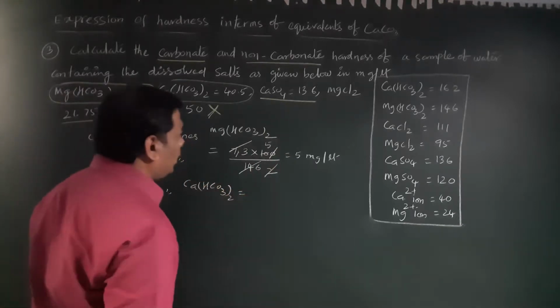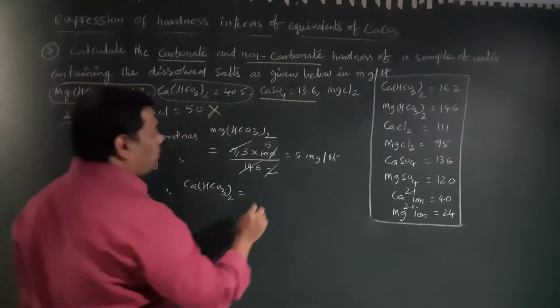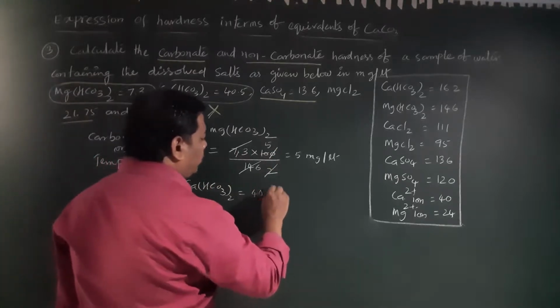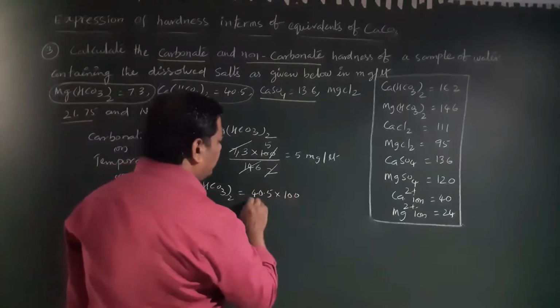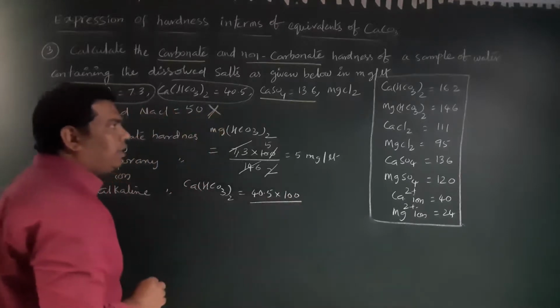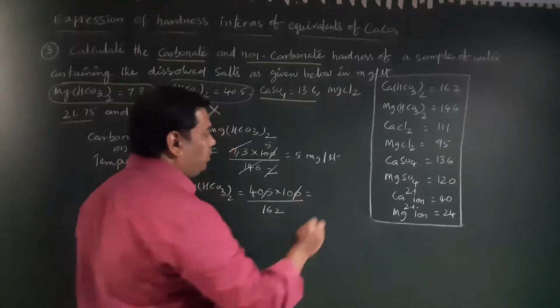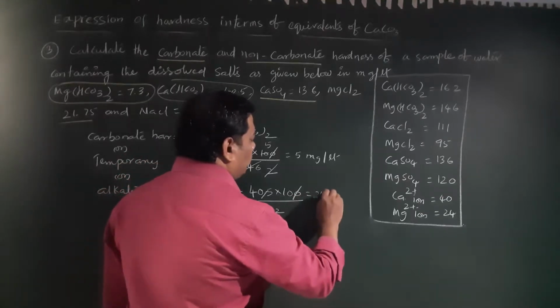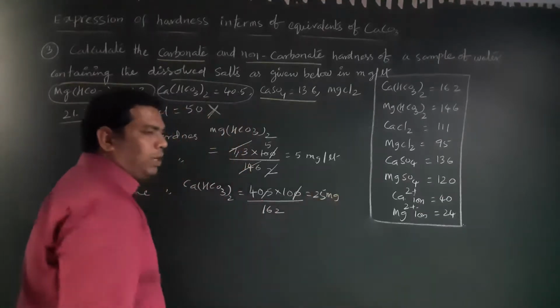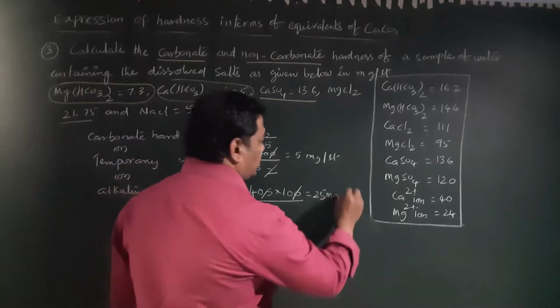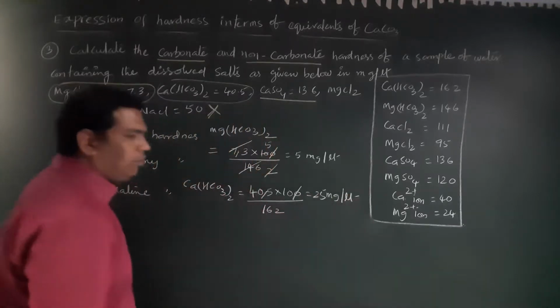Next, calcium bicarbonate. The calcium bicarbonate amount is 40.5 into 100 divided by the molecular weight of calcium bicarbonate, which is 100. After simplification, the amount of calcium bicarbonate equivalent to CaCO3 is 25 milligrams per liter.